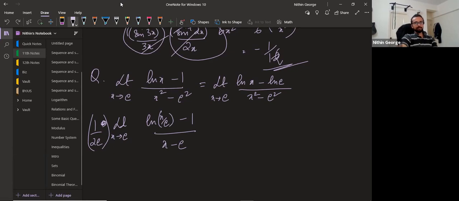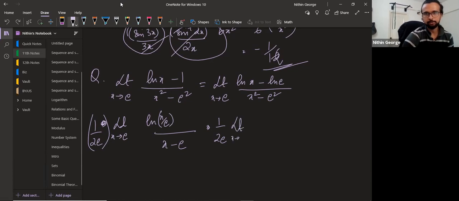Sorry, this minus 1 won't be there anymore. Minus 1 will vanish. Ln a minus ln b is ln of a by b. Then I get 1 by 2e into limit x tends to e, ln of, what will I do here?